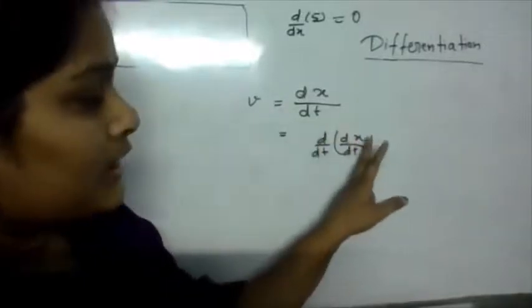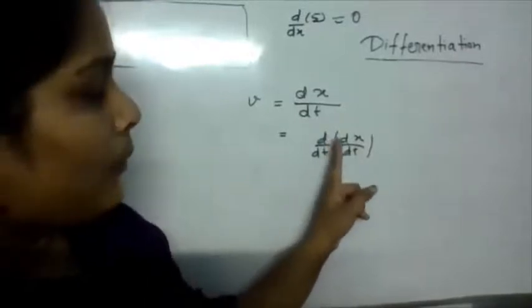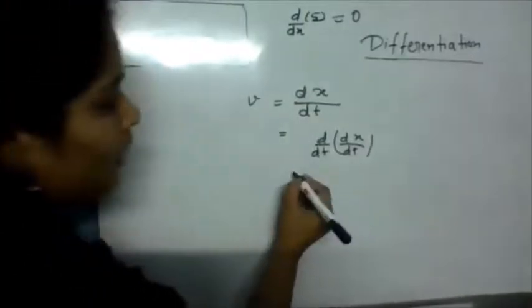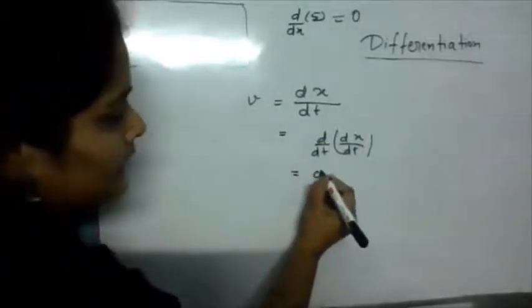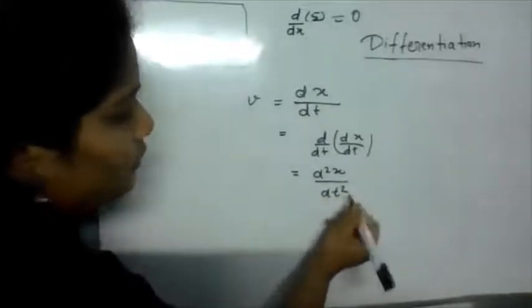And if we differentiate displacement at 2 times, like this, d upon dt, dx upon dt, then we have to write like this, d2x upon dt square.